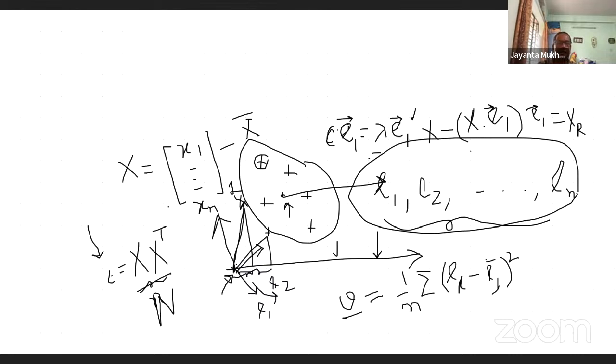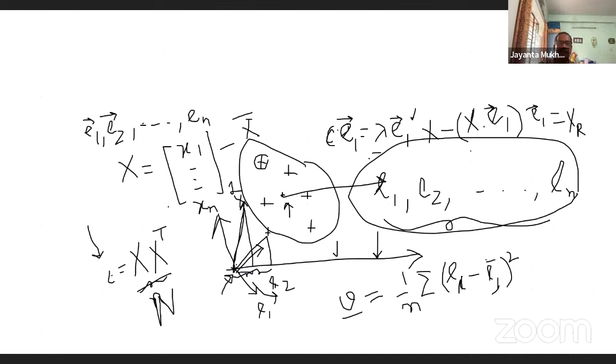Which means that I will get n directions, say E1. These are n eigenvectors from the covariance matrix of the data points, and if I order them according to their decreasing eigenvalues, I will get such n directions.